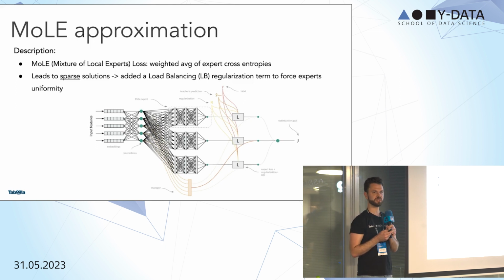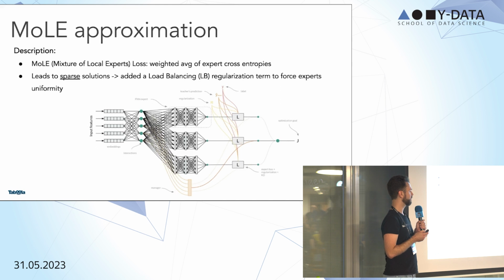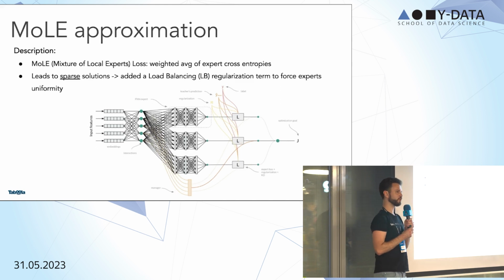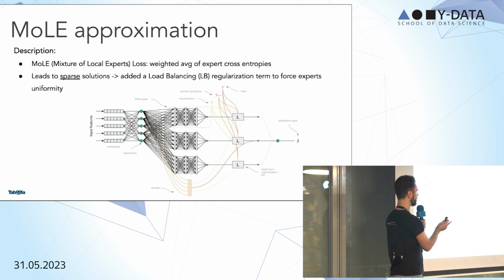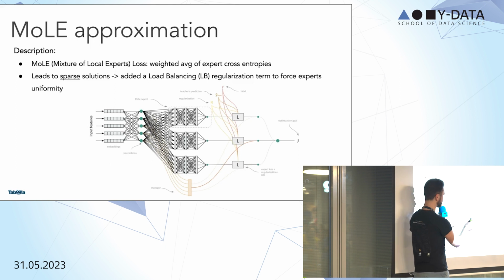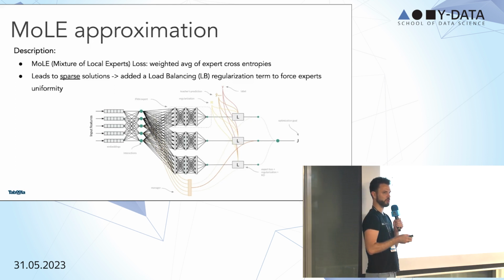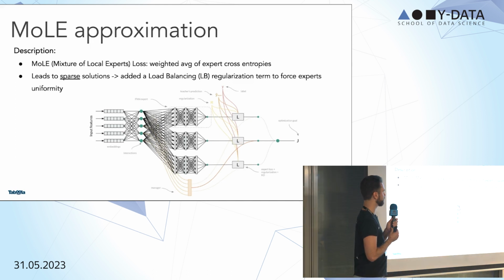Okay, any other questions? So let's go to the second method. The second method is a mixture of local experts, which means the following: we take our model and we replicate a subset of the neurons in the network, and each one outputs a different output. We call each such part an expert.